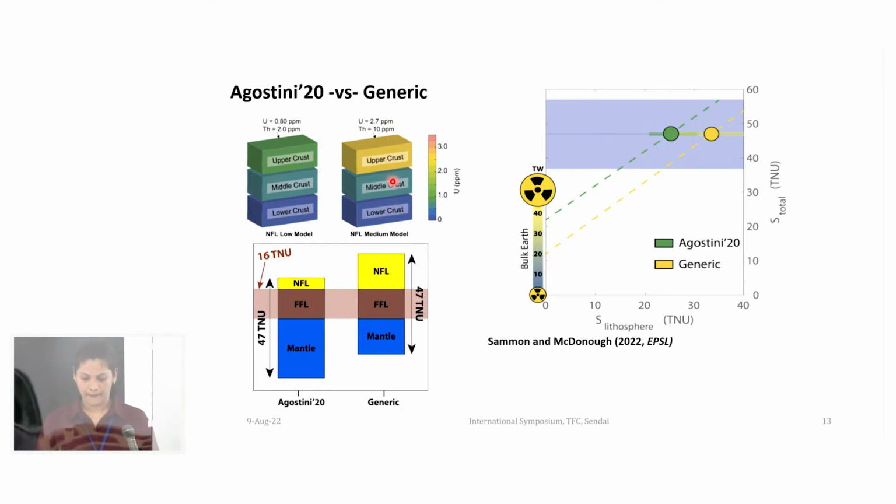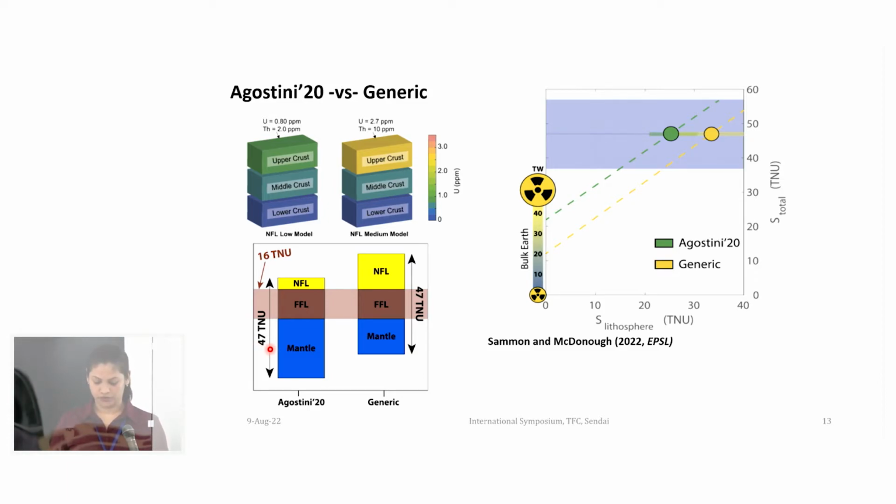So this is a medium Q kind of model, which Hiroko-san was talking about. Here we can clearly see they adopted a model where their uranium concentration was around 3 times lower than what is expected in any generic model.